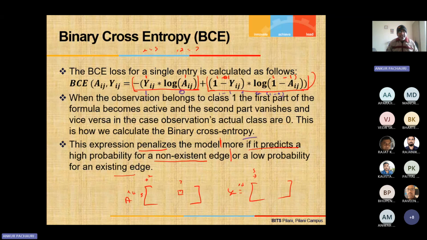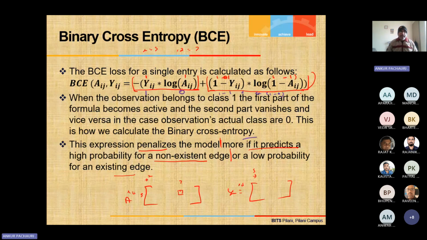If Yij is 0, then 1 minus Yij will be 1, multiplied with log of 1 minus Aij in the second part.